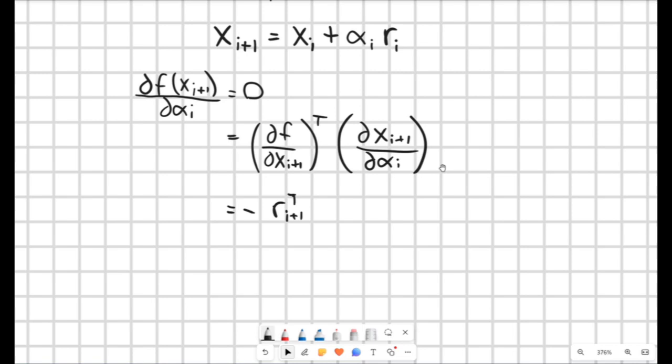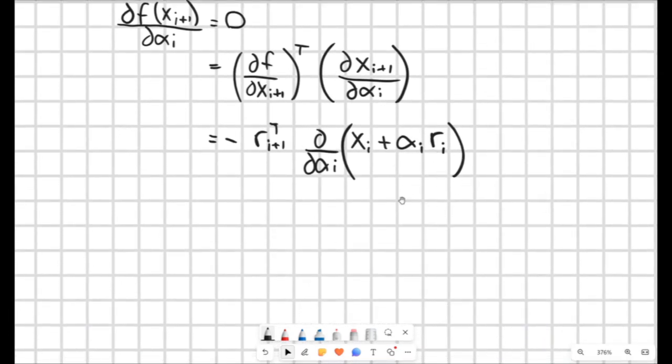And this term, well, we can expand on this using our definition of x i plus 1 up here, which is our steepest descent algorithm. So that term is equal to delta by delta alpha i multiplied by this stuff up here. So we have x i plus alpha i residual.